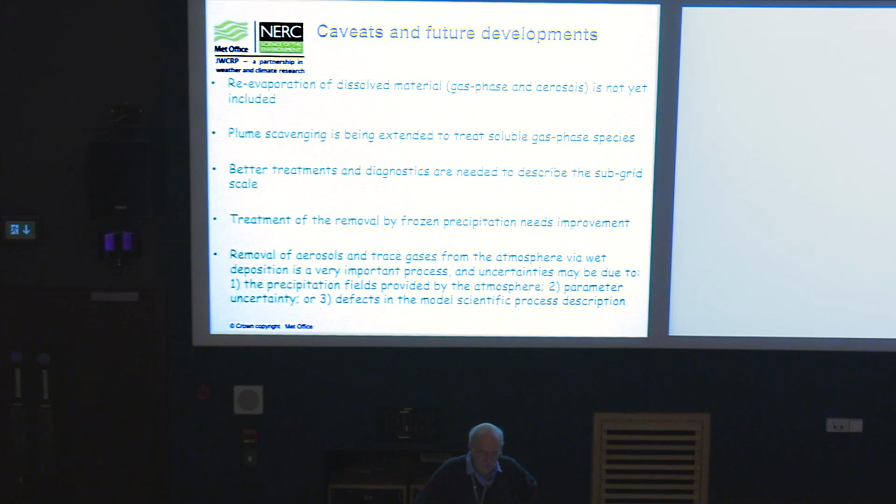However, when you're missing processes like re-evaporation, that could change things quite dramatically. And there are also defects in the precipitation scheme. So it hasn't had enough attention, is what I'm trying to say.